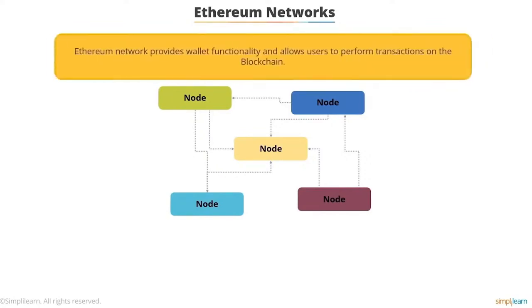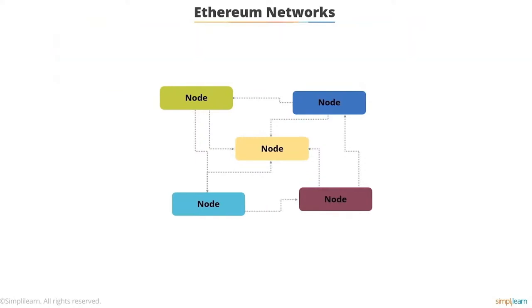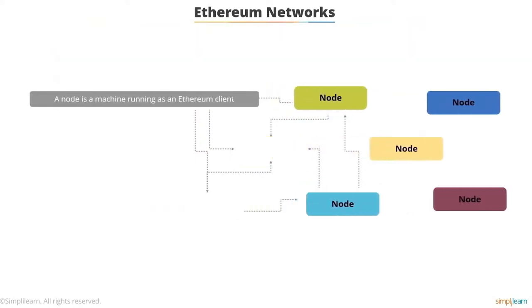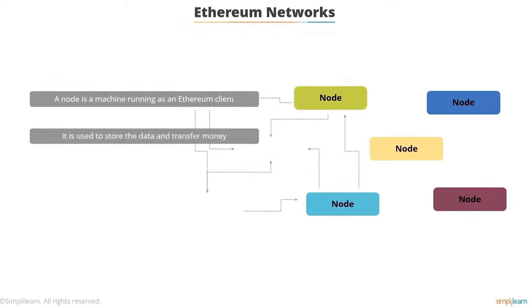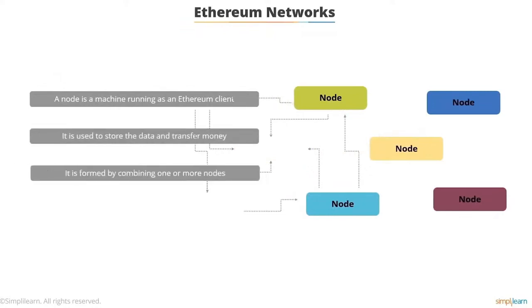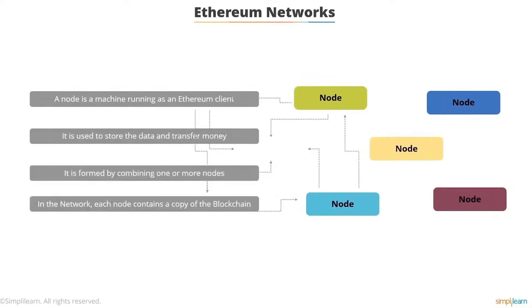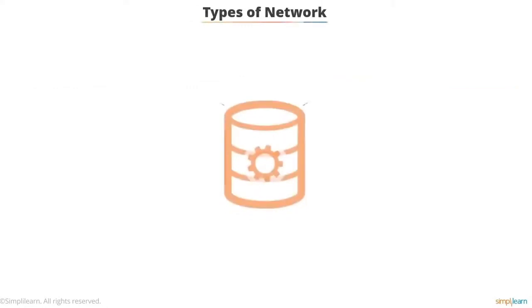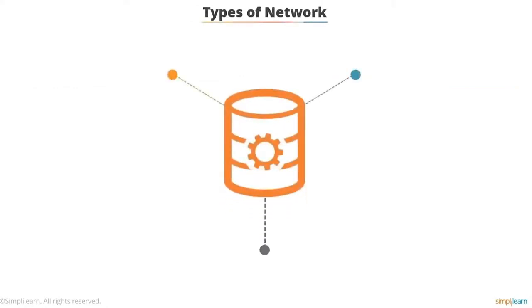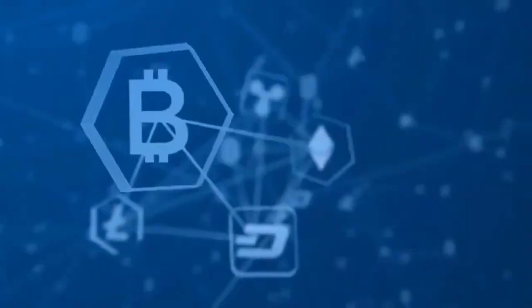They provide wallet functionality and allow users to perform transactions on the blockchain. Thus, a node serves as a machine running as an Ethereum client. It is used to store the data and transfer money. A network is formed by combining one or more nodes, and each node contains a copy of the blockchain. Types of network. There are three main types of networks: the testnet, the mainnet, and the private network.